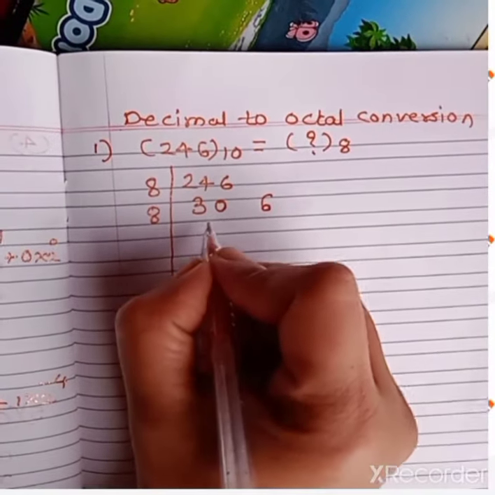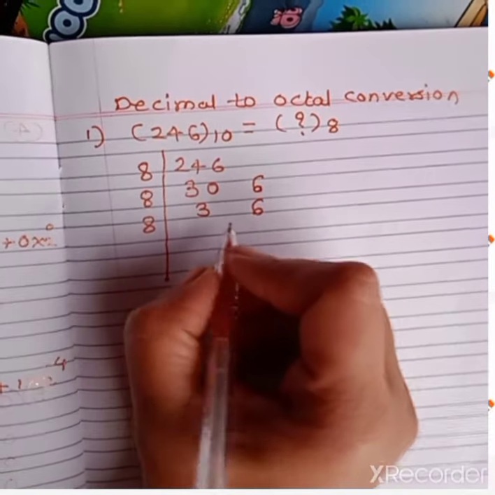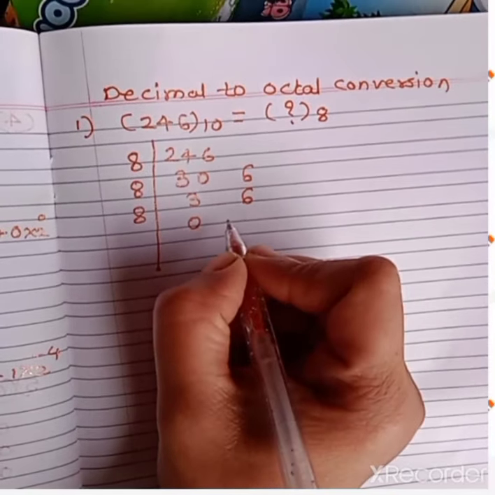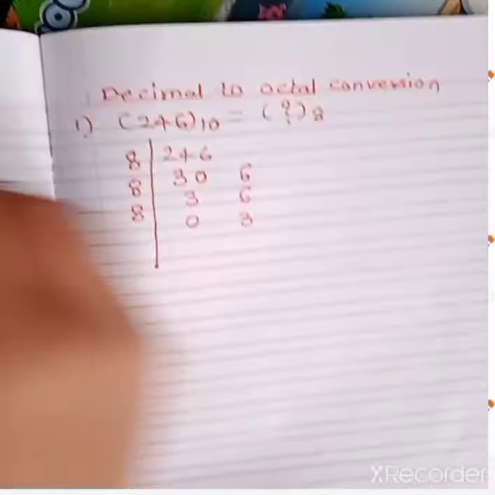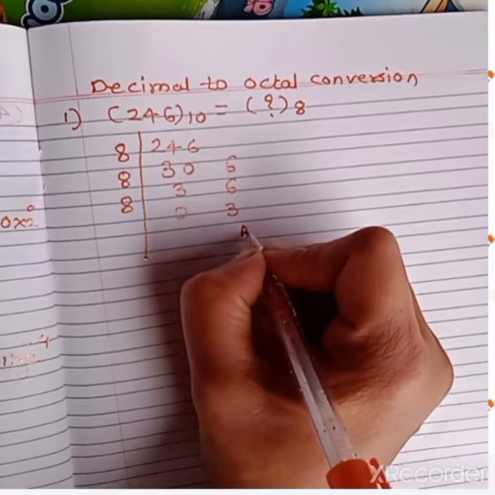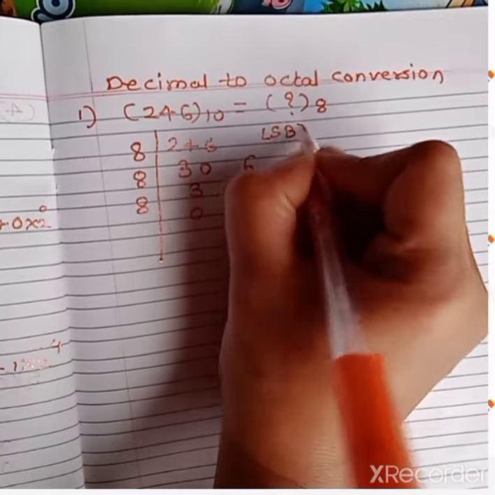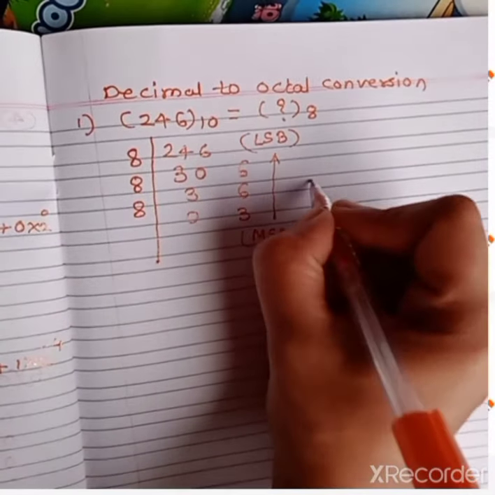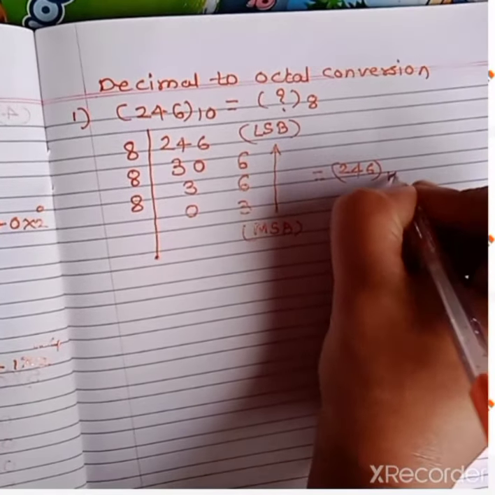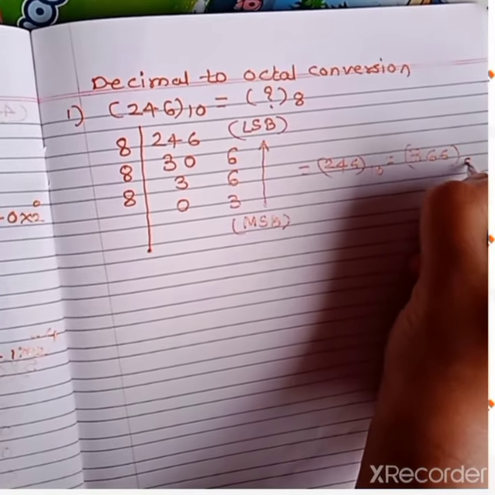Then 8 3s are 24. Remainder will be 6. We can't divide 8 by 3, so we'll put quotient 0 and take 3 as the remainder. Now this is an integer number. For an integer number, the MSB is at the bottom and the LSB is at the top. Copy your answer from MSB to LSB. So 246 to the base 10 is equal to 366 to the base 8.